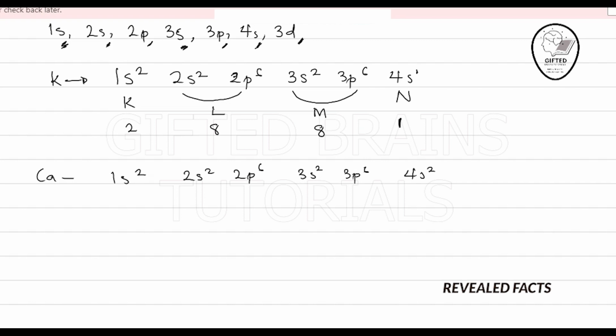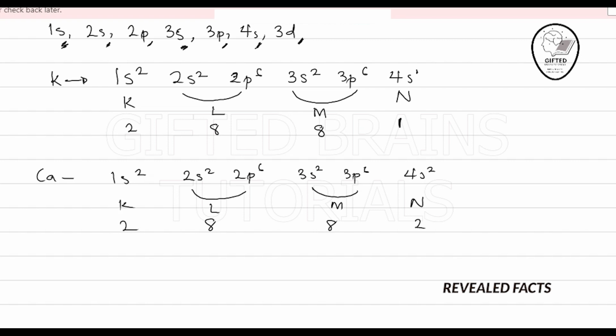A similar thing here, you will realize that what we have is 2, 8, 8, 2. This is my K, this is my L, this is my M, and this is my N.